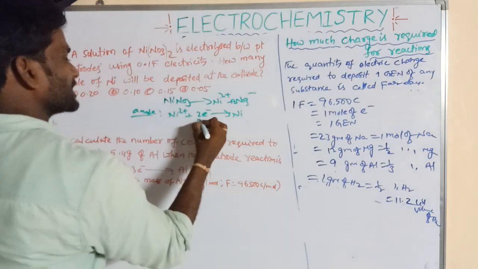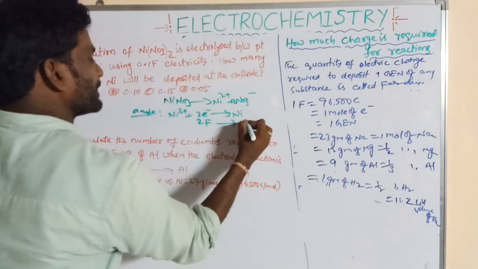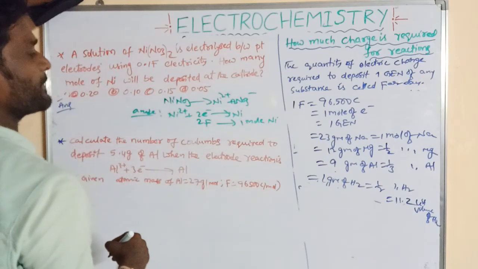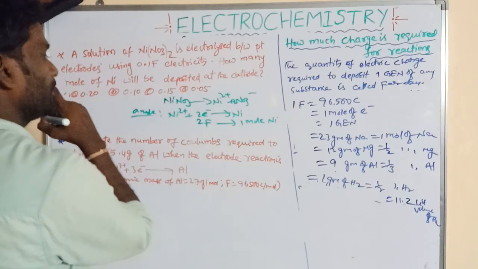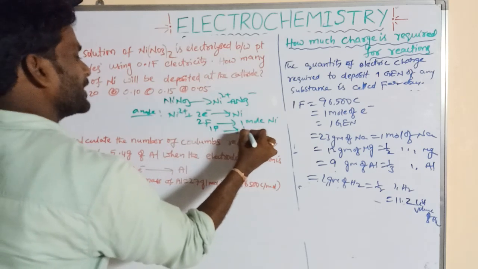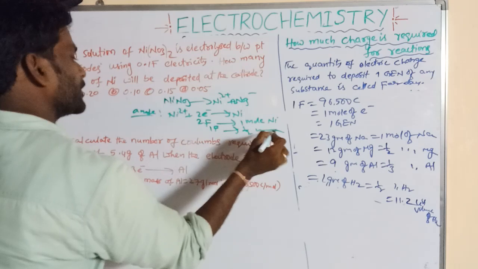Here 2 Faraday is required per 1 mole of Ni. So 1 Faraday gives 1 by 2 mole of Ni.